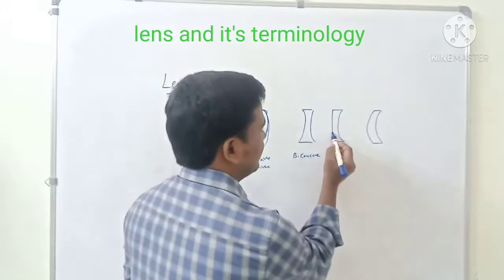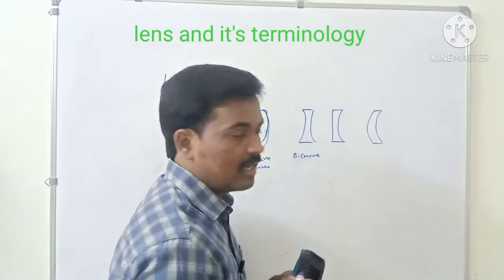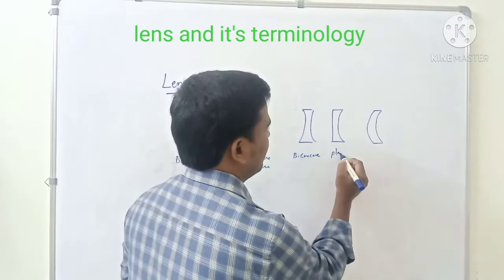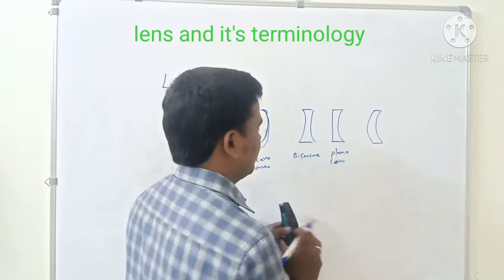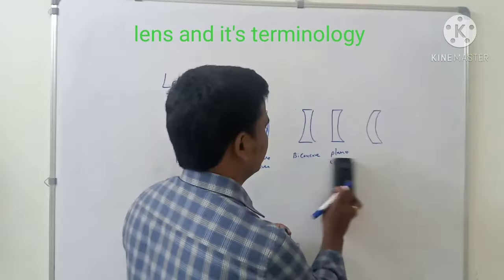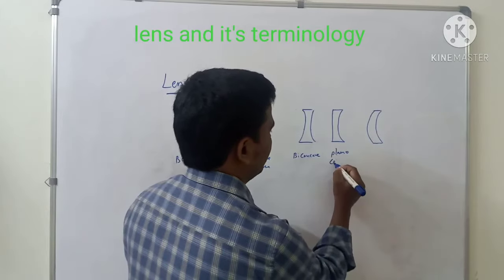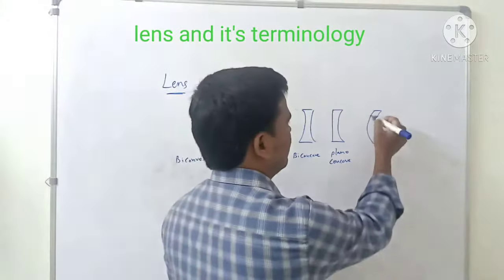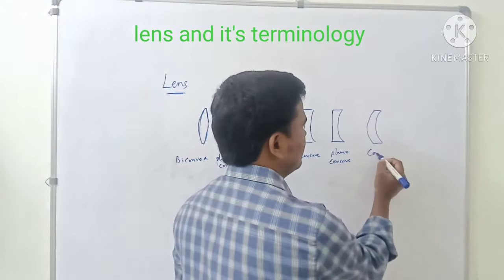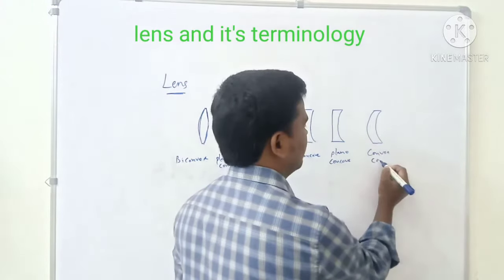One side is plane and one side is concave, so this is plano-concave. This is convex and concave, so this is a convexo-concave lens.